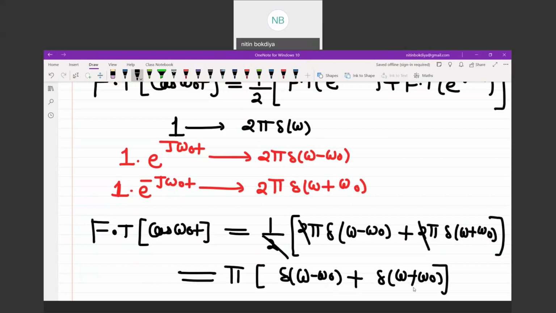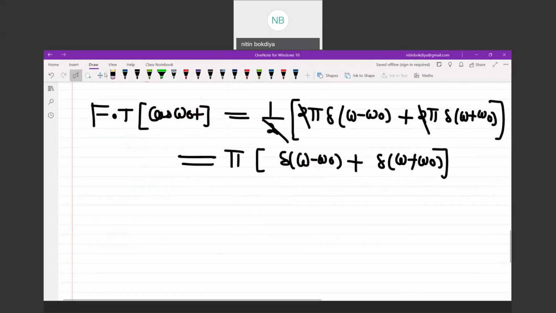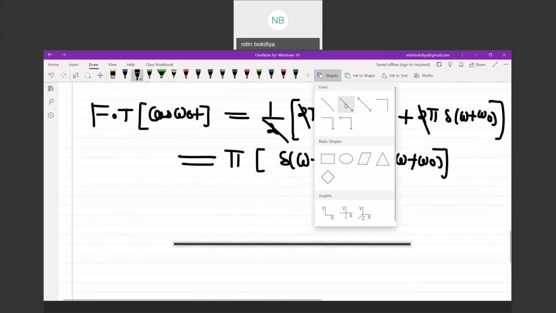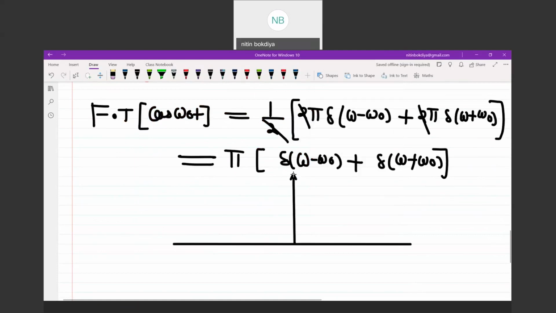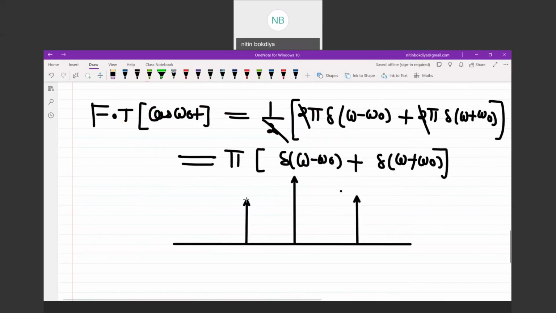So we can draw its behavior, we can draw the spectrum of this signal. The spectrum of this signal is given by one impulse here and one impulse here.